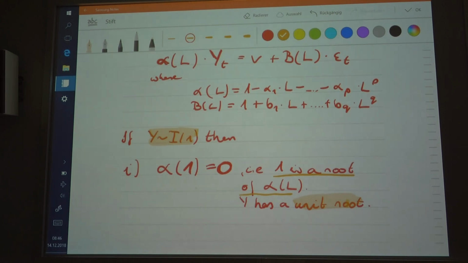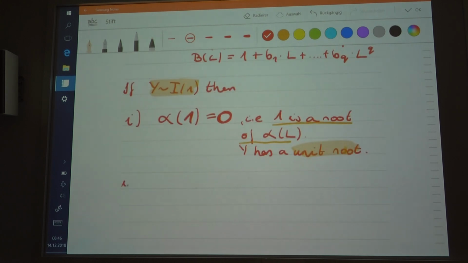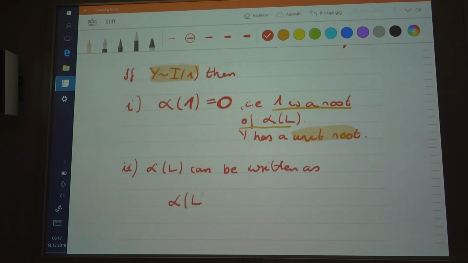All right, now this is the first part, and the second part, which we can also show, is that the lag polynomial alpha can be written as follows. Here we have that alpha can be written as 1 minus L times another polynomial. I'm not sure whether you're familiar with that statement, but if you have a root of a polynomial, then you can factorize it.